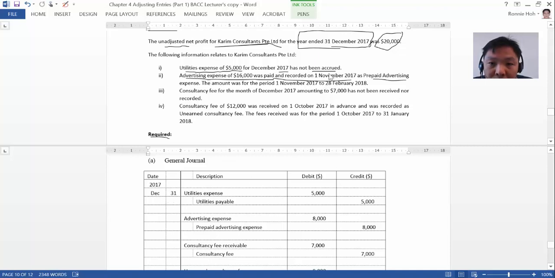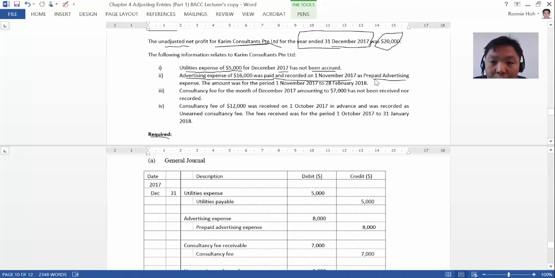Count with me, from 1st November to 31st December, how many months have taken place? You have to be good at practicing your naming of the months, from January all the way to December. In this case, it is the whole month of November because it started on 1st November, and the whole month of December because it ends at the end of December. So November and December is how many months? 2 months.